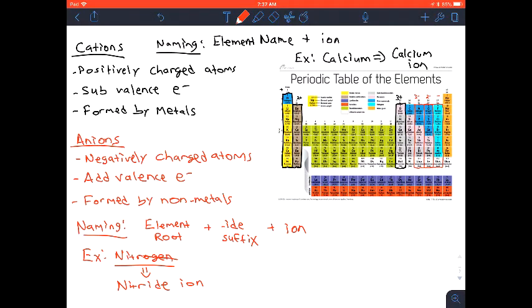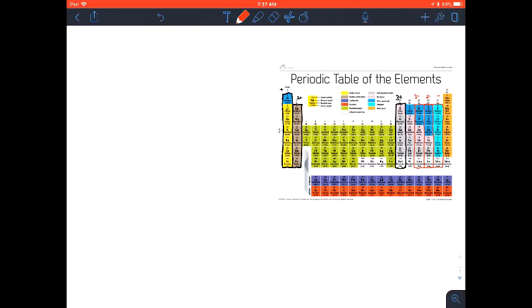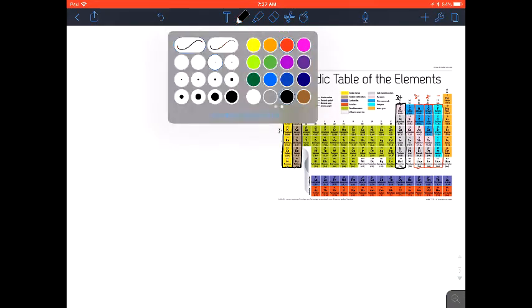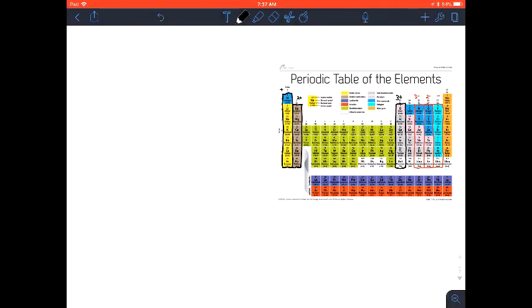So, this is a summary of everything that you need to know about cations and anions, and this information is going to be most helpful when you're forming the Bohr model of cations and anions. Okay, let's do an example for cations.